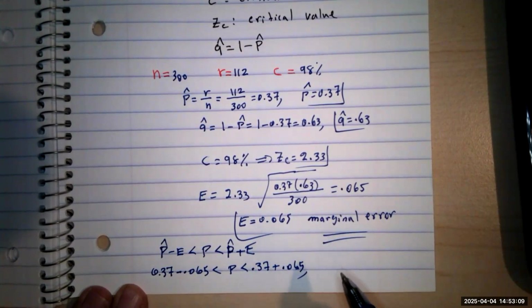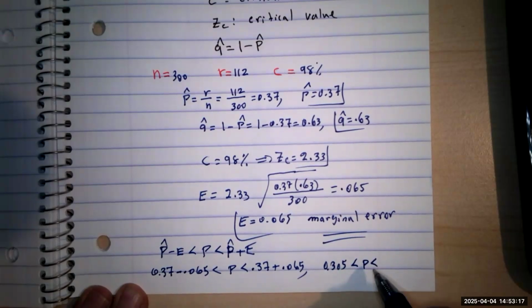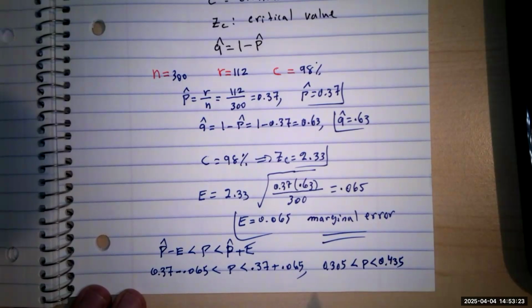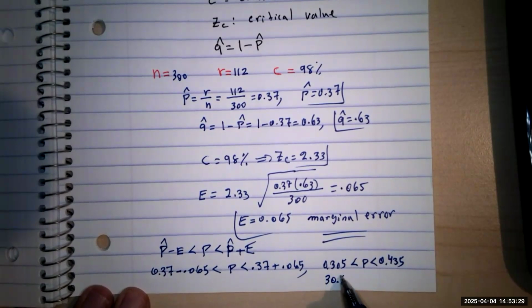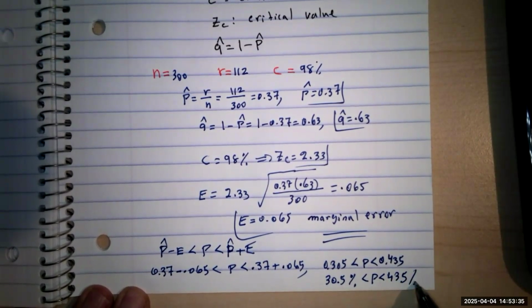So you just get this, that gives you 0.305 less than p, and that would be less than 0.435. These are probabilities. You have to express it in percent. So that gives you 30.5% less than p, less than 43.5%.